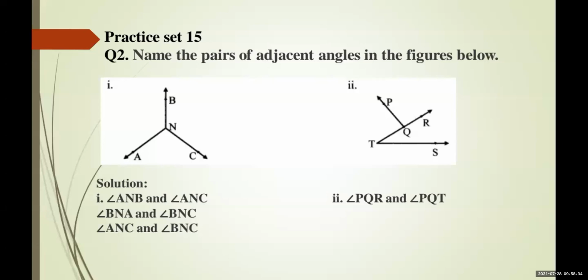Now question number 2 of same practice set 15. Question number 2 is name the pairs of adjacent angles in the figure below. Now here you have to find out the pairs of adjacent angles. I have explained to you that adjacent angles have a common vertex, common arm and a separate interior. So in this figure, now we will see the first figure.